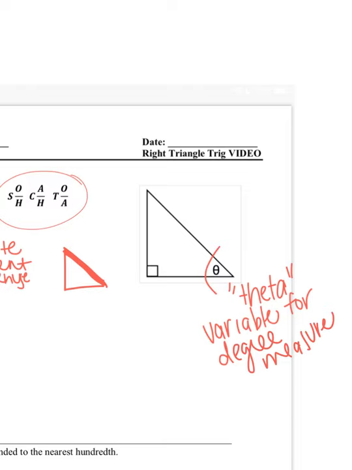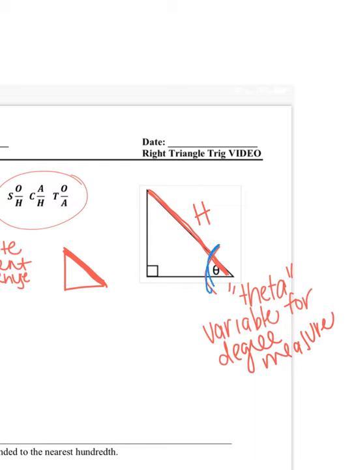So let's just talk about how to label your sides. Your hypotenuse, I always say you should label first. The hypotenuse is the side that's opposite the right angle, meaning the side doesn't touch that angle at all. Then your side that's opposite is the side that's opposite the angle that you're talking about.